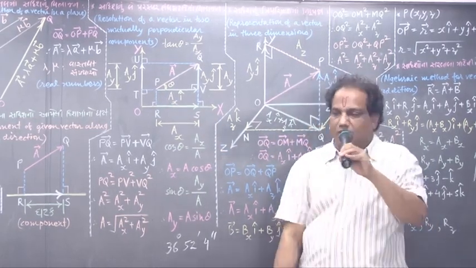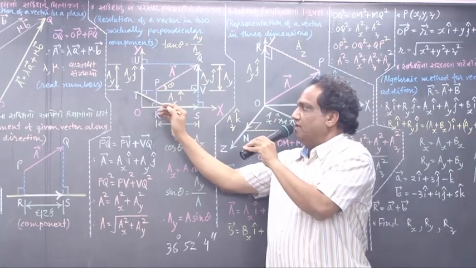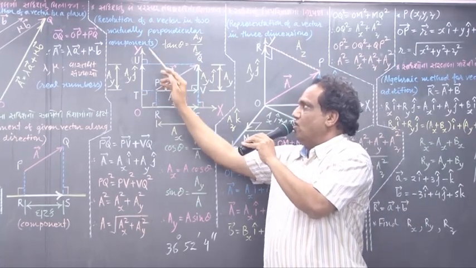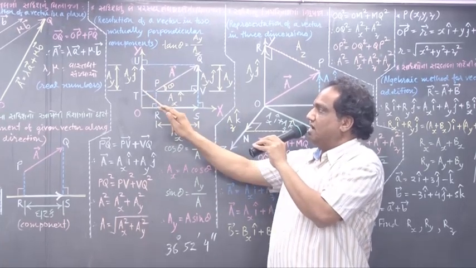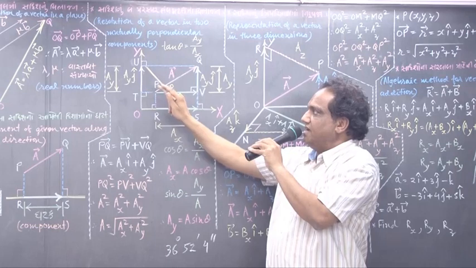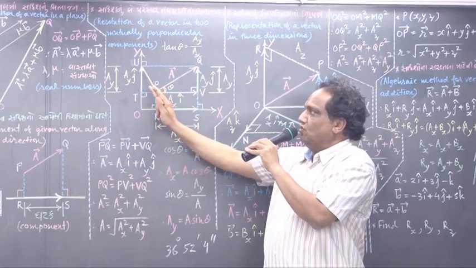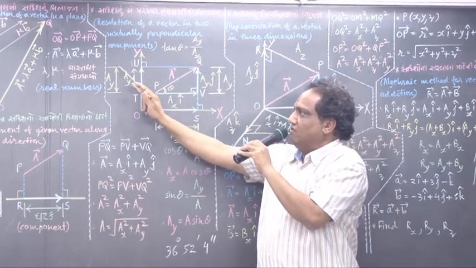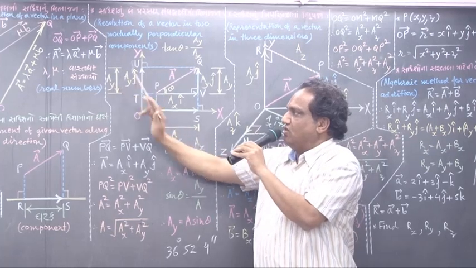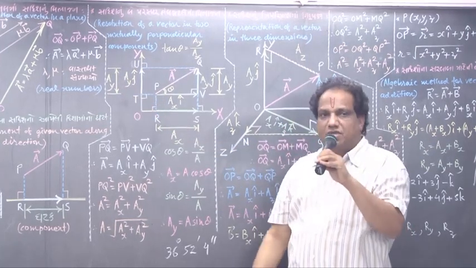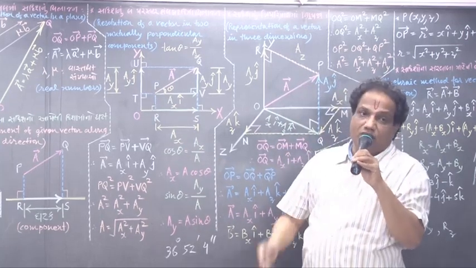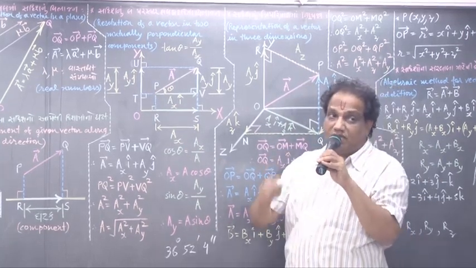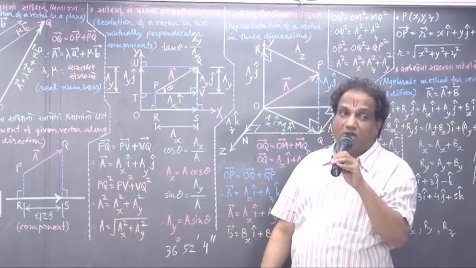Now what about the y component? Draw perpendiculars from the tail and from the head on the y-axis. The feet of the perpendiculars are T and U. Then from T to U, lengthwise, it will give you the y component of vector A. The symbol is AY. What about vectorially? Vector equals magnitude multiplied by unit vector.